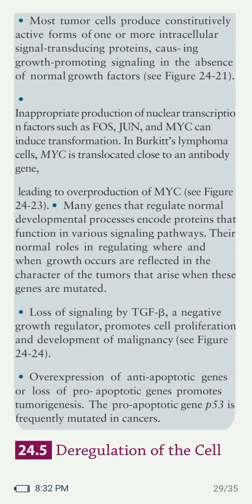Their normal roles in regulating where and when growth occurs are reflected in the characteristics of tumors that arise when these genes are mutated. Loss of signaling by TGF-beta, a negative growth regulator, promotes cell proliferation and development of malignancy. Overexpression of anti-apoptotic genes or loss of pro-apoptotic genes promotes tumorigenesis. The pro-apoptotic gene p53 is frequently mutated in cancers.